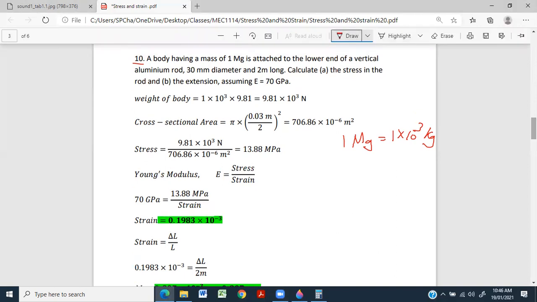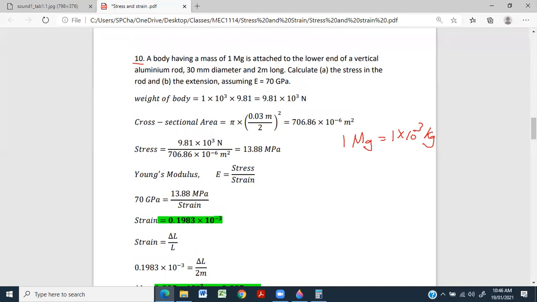All right, good. So 1 megagram is 1 times 10 to the 3 kilograms. Therefore, the weight of the body is the mass multiplied by the gravitational constant, 9.81, which is in newtons per kilogram. 1 kilogram gives us 9.81 newtons of force.